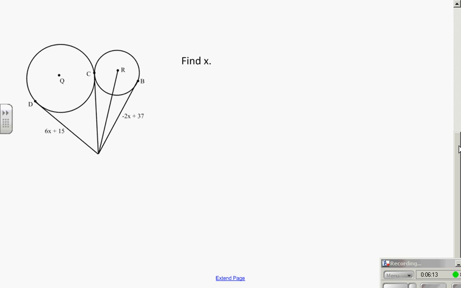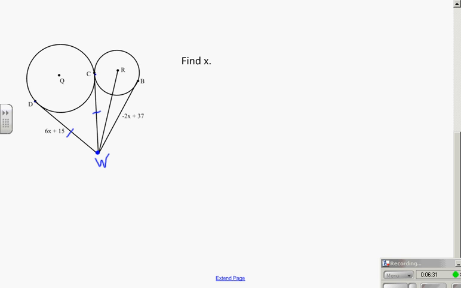Now, at first glance, this next example looks like it might be very hard. But if you use that external tangent theorem, let's call this point W, just so that we can talk about it.